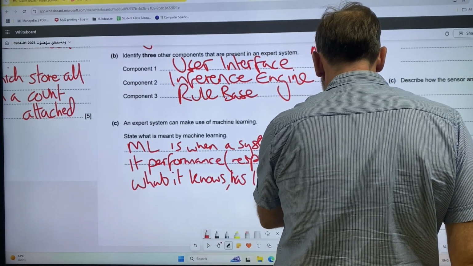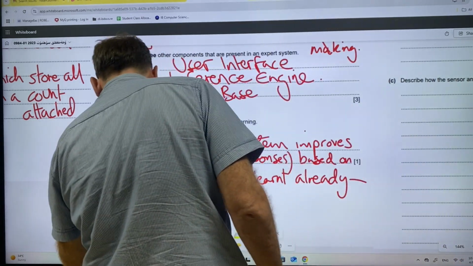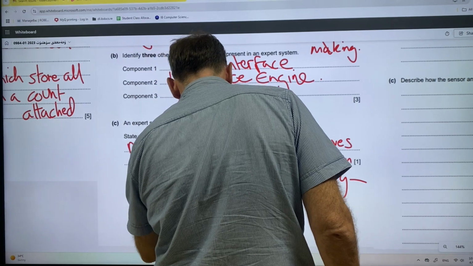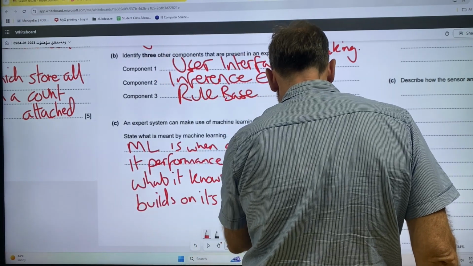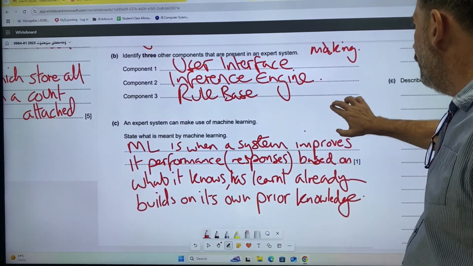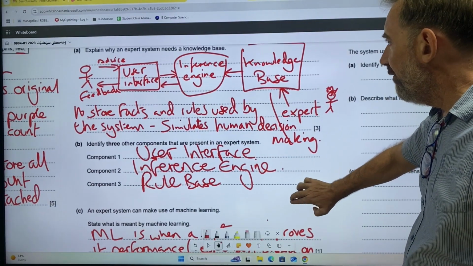So it builds on its own prior knowledge.